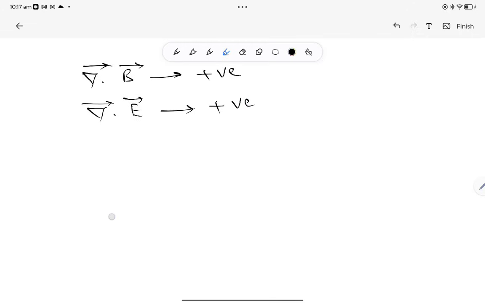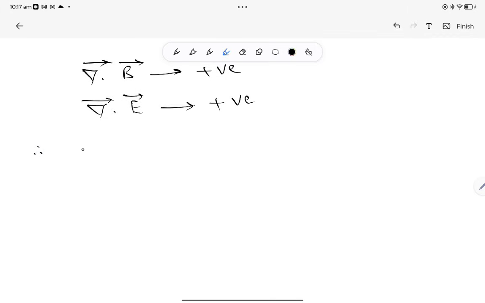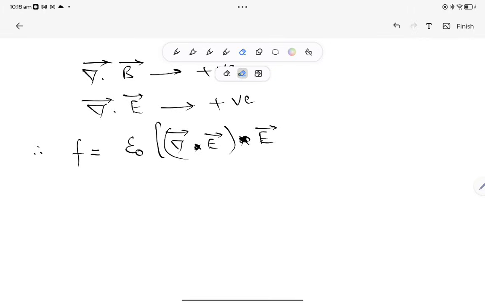Therefore, we can write F as epsilon naught del dot E into E, not cross E. It's better to rub it and then write it afresh.